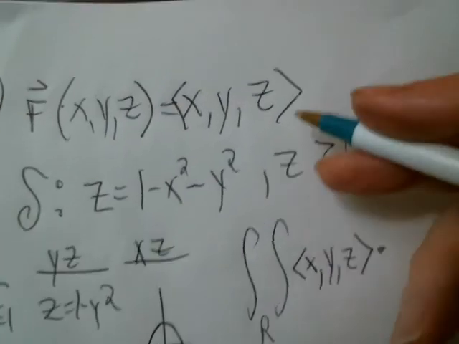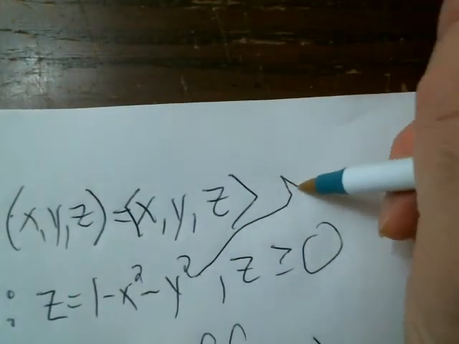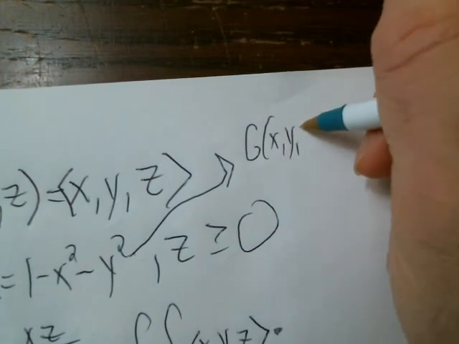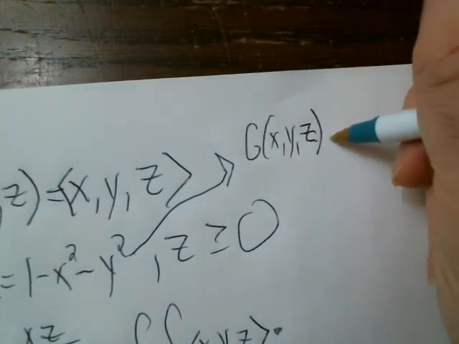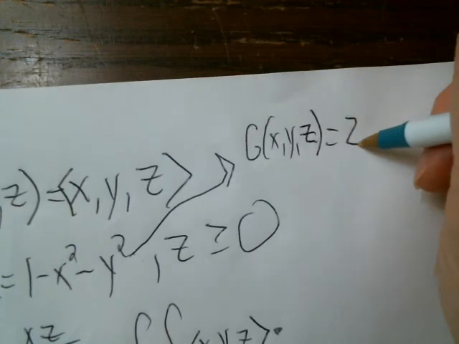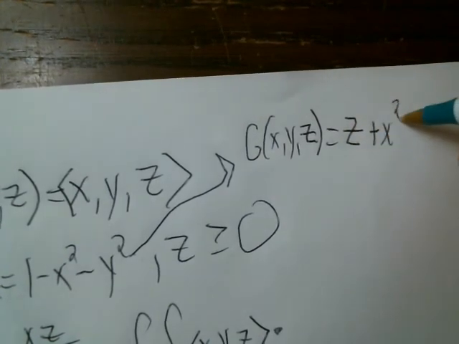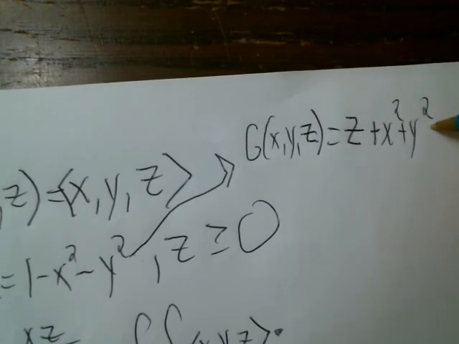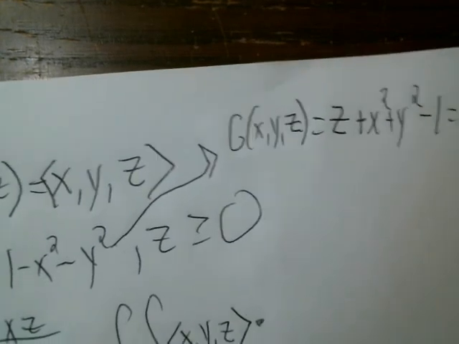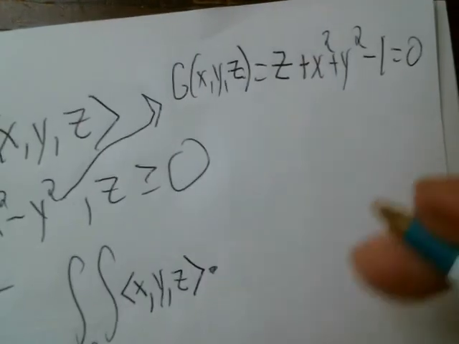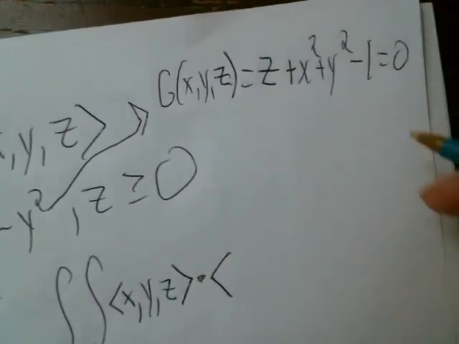This isn't g though. Remember, we have to rewrite this to get our g function. So g of x, y, z is going to be equal to z plus x squared plus y squared minus 1, and that equals 0. You need to do that conversion before you can input your material.